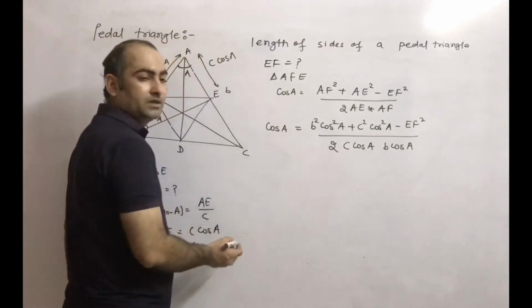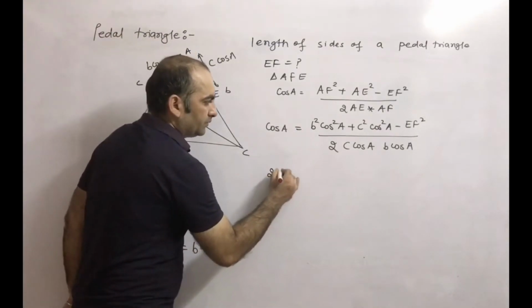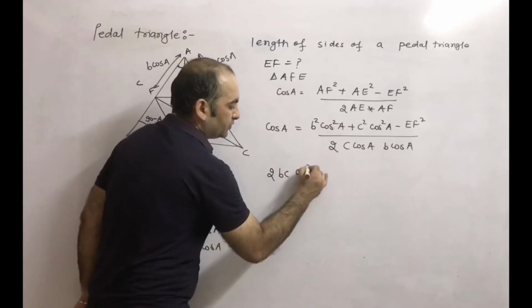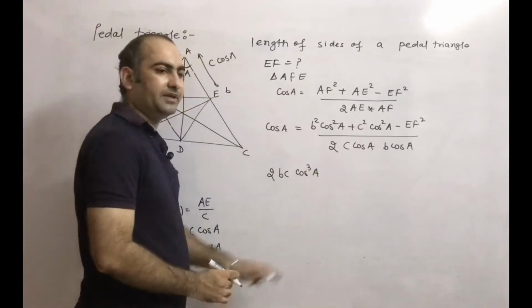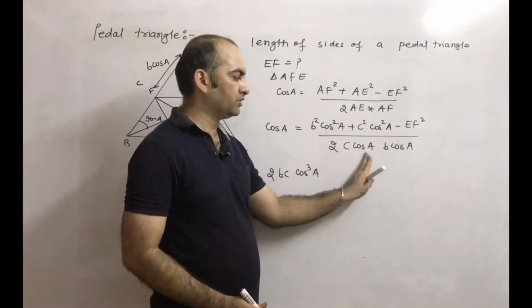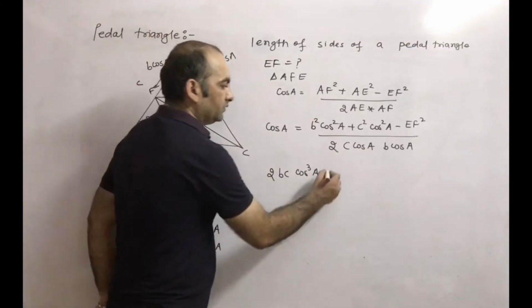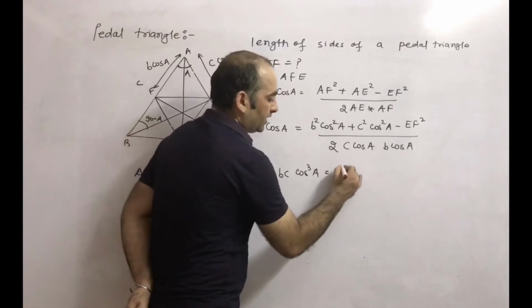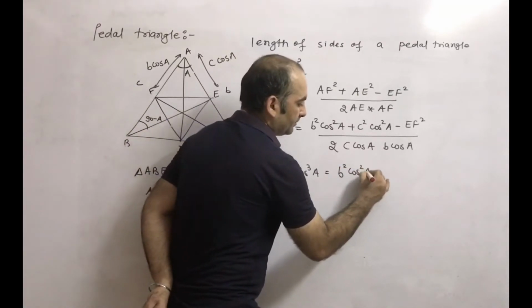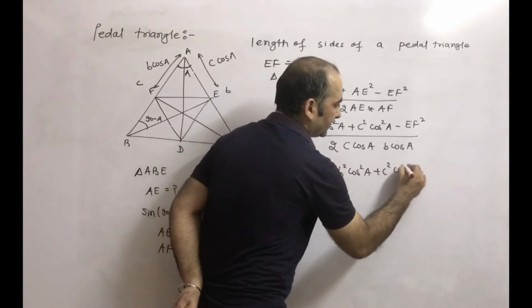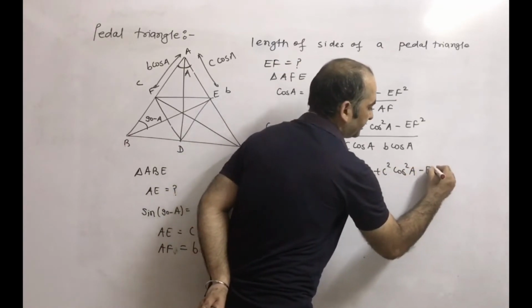Here, 2 into b into c cos cube A. We are multiplying 2 into bc into cos square A here. So we get 2bc cos cube A equals b square cos square A plus c square cos square A minus EF square.